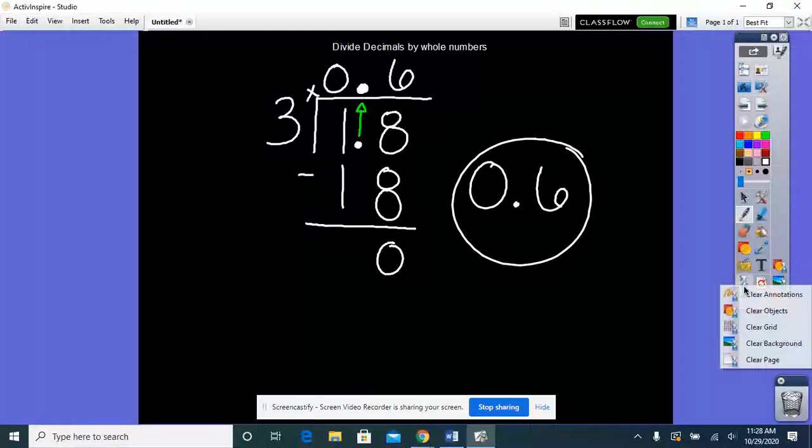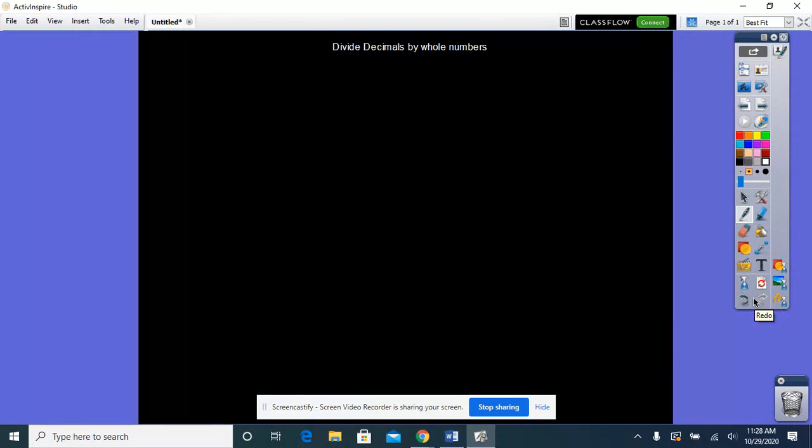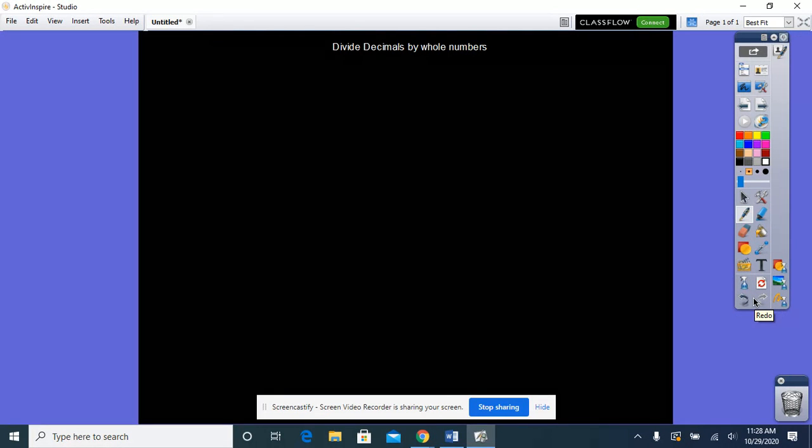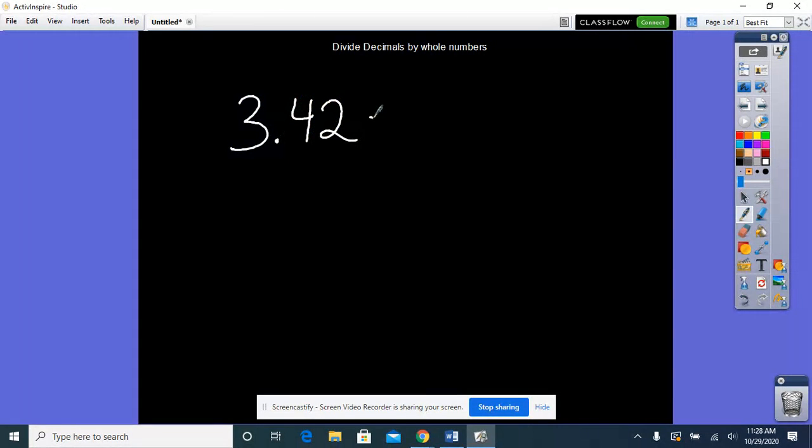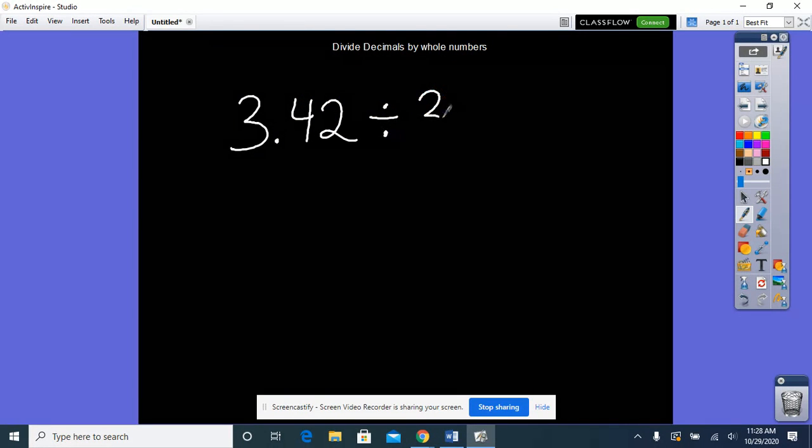Okay. I'm going to go over another one. Let's do 3 42/100 divided by 3. So the 3 42/100 is my dividend, and my 3 is my divisor.